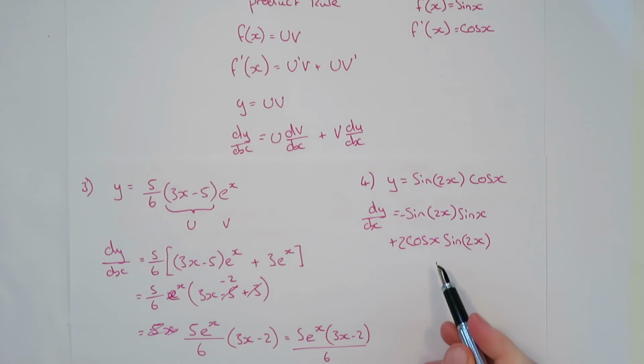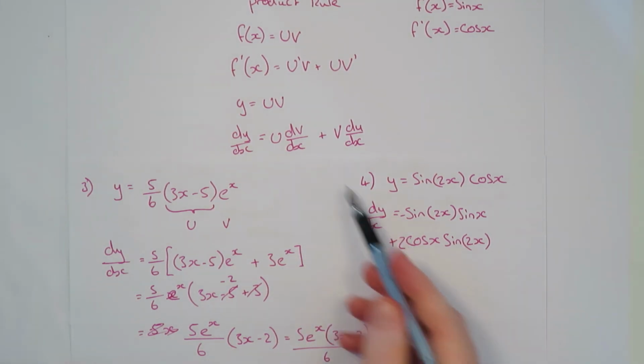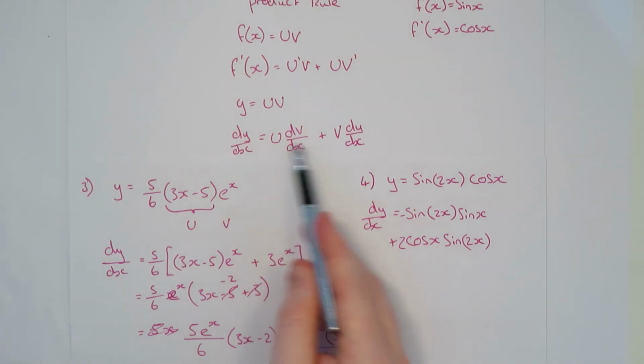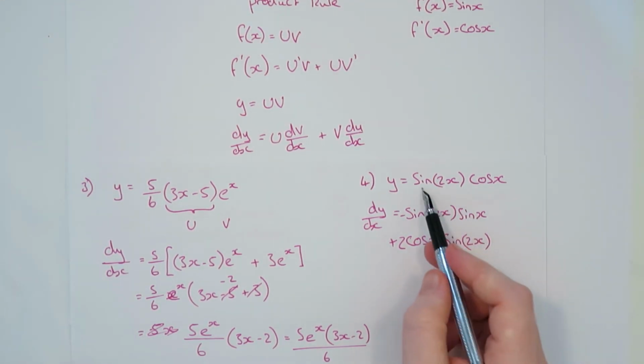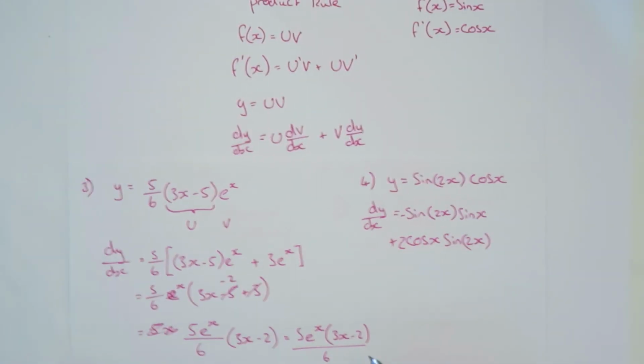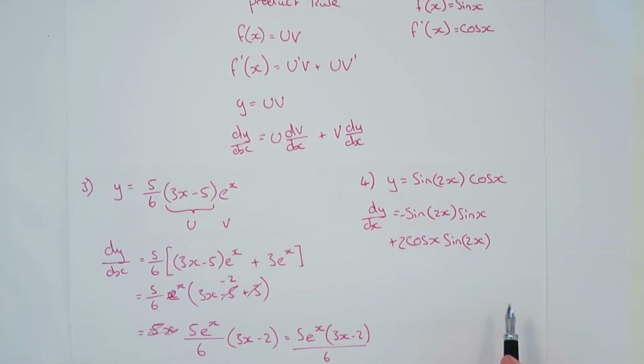Like I said at the start of this video, I'm assuming that you can already differentiate things. I'm assuming here that the thing that you're struggling with is the product rule, not the actual individual differentiation. I will make some videos though based on how to actually differentiate things like this, and other terms as well.